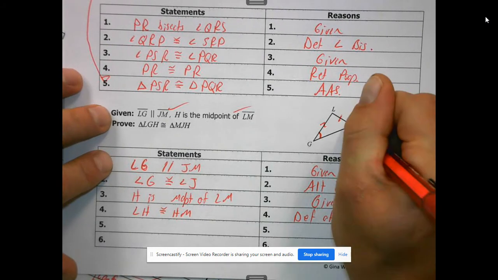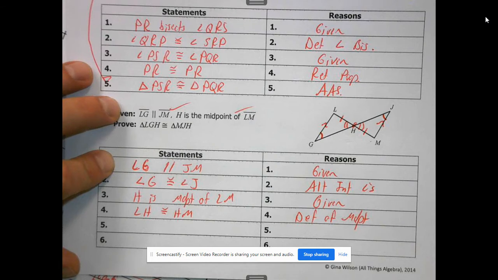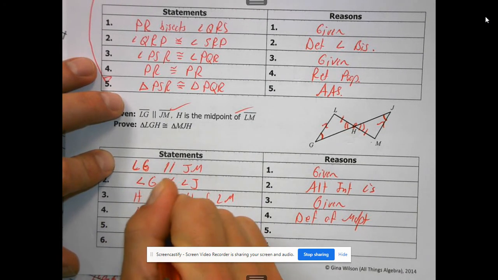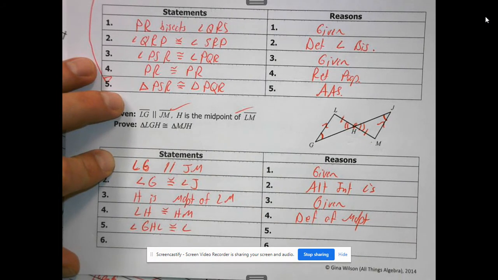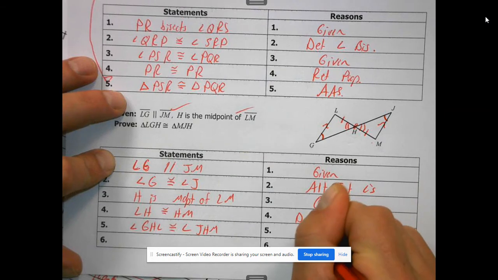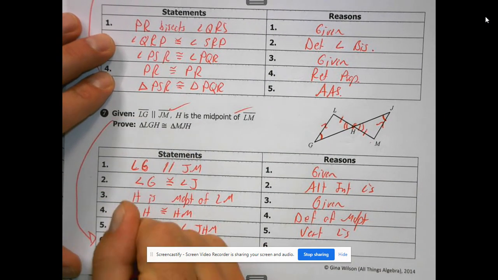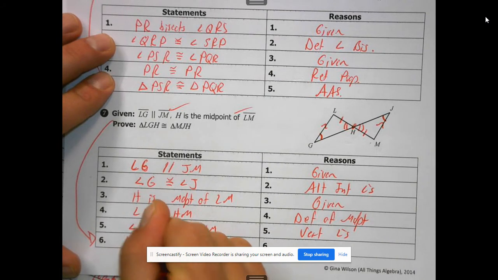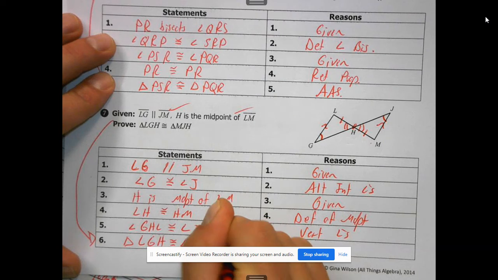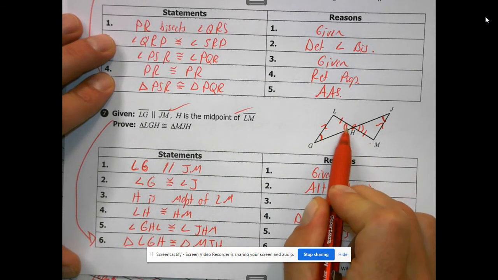In this case, I've got a set of vertical angles that I can mark congruent. So we'll say that angle GHL is congruent to angle JHM, vertical angles. Last statement's what we're trying to prove. Triangle LGH is congruent to triangle MJH by angle, angle, side.